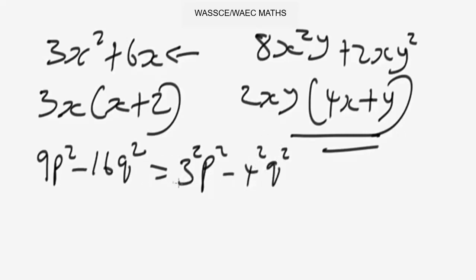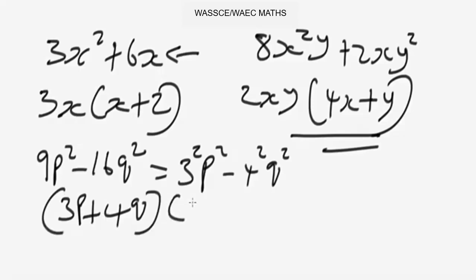Now to factorize this is the same thing as (3p plus 4q) in brackets (3p minus 4q). So this will basically be the answer to this question.